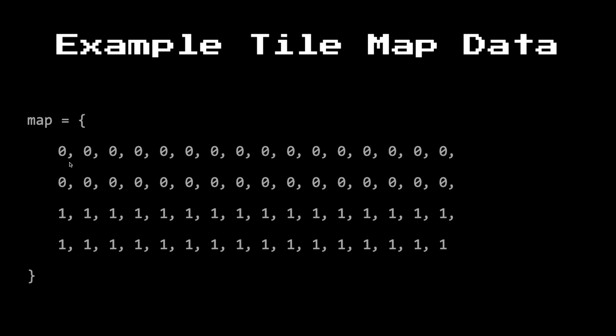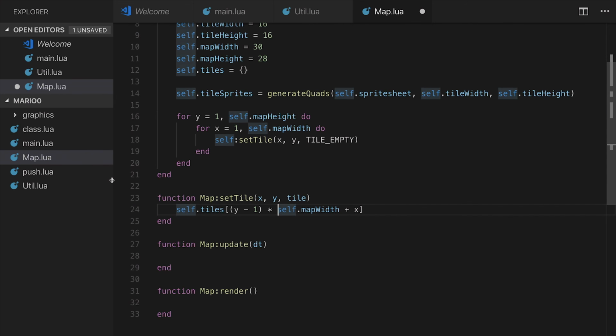But if, let's say, y is equal to 2, y will get subtracted to 1, times the map width, which will put us right here, and then we add x to that. Let's say x is 1, we get this tile, x is 3, we get this tile, and so on and so forth. So y gets multiplied by the map width, and then you add x to that, and that allows you to index into your one-dimensional array as if it were a two-dimensional array, essentially.